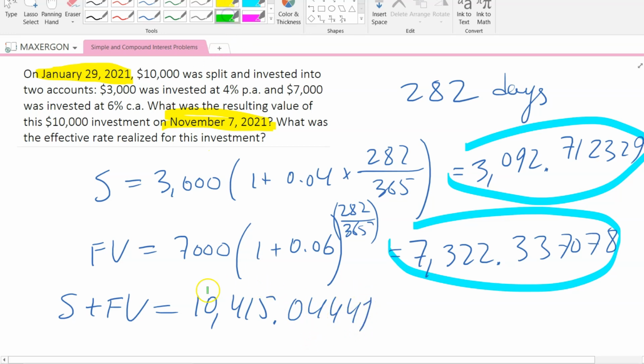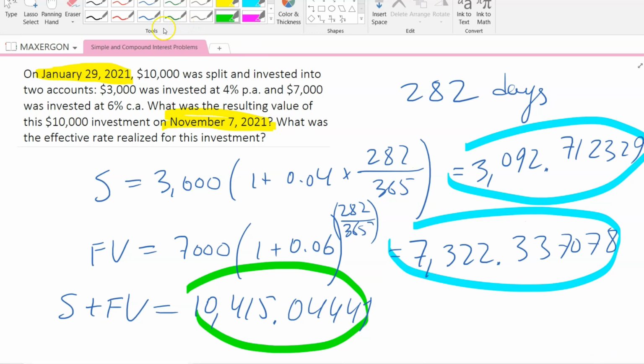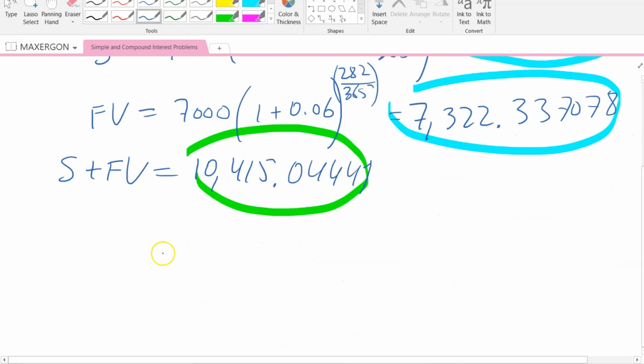But we're not done yet, because we need to find the effective rate realized for this investment now. How do we find that effective rate? Well, $10,000 grows at some effective rate for 282 days, right?